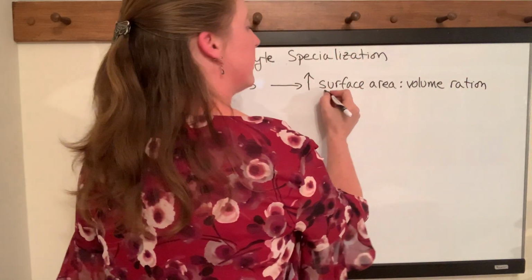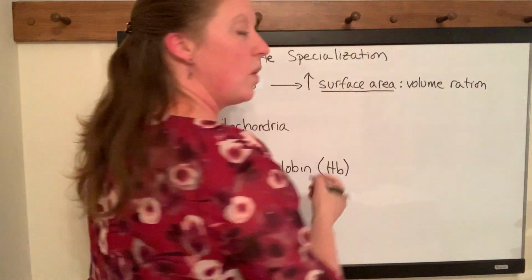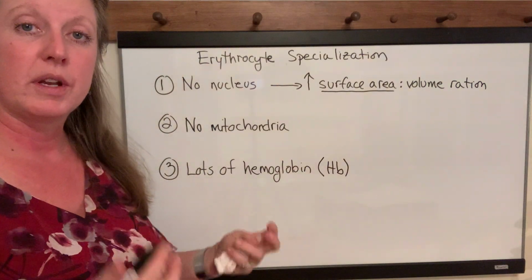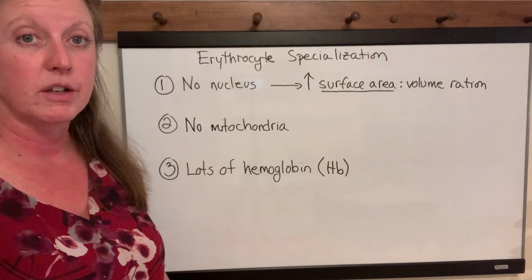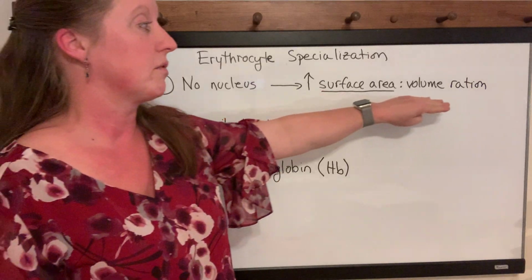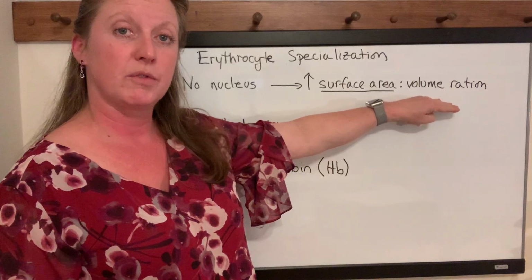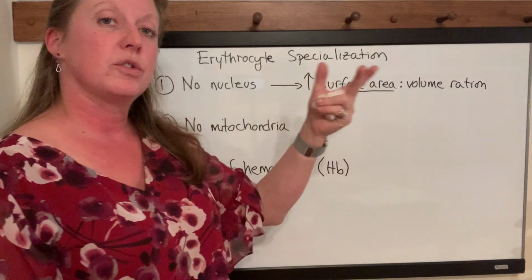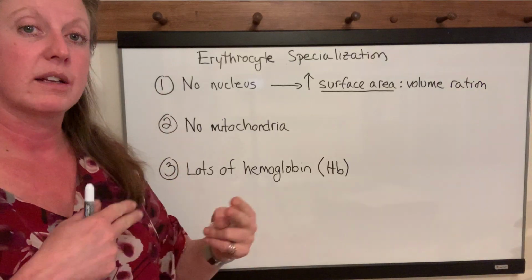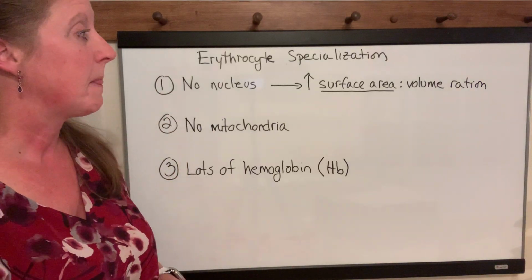Now remember that surface area is what determines how quickly diffusion can take place. The greater the surface area, the greater the rate of diffusion. So anything that increases the surface area relative to the volume of the red blood cell is going to make it easier and faster for oxygen and carbon dioxide to be exchanged.